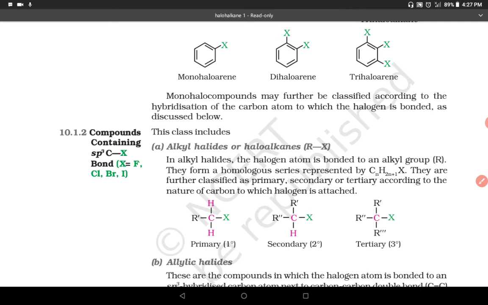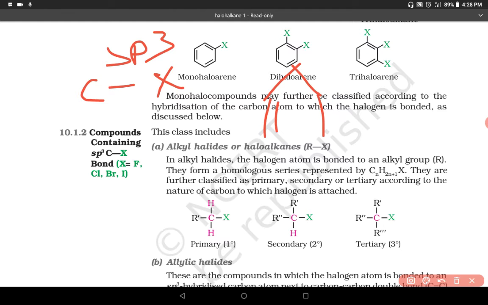Monohalo compounds may further be classified according to the hybridization of the carbon atom to which the halogen is bonded, as discussed above. In haloalkanes the halogen is attached to an sp3 hybridized carbon, but in haloarenes it is attached to an sp2 hybridized carbon.